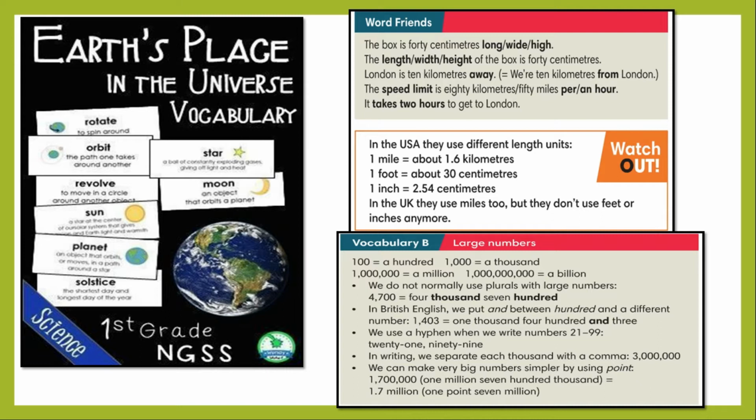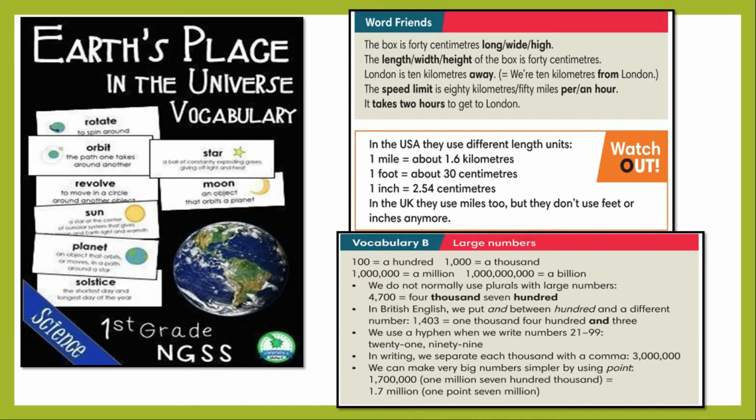Good. As it says here itself, in the USA they use different length units. For example, 1 mile is equal to about 1.6 kilometers. 1 foot is equal to about 30 centimeters. Remember that here in our country, in Peru, we use centimeters and kilometers.